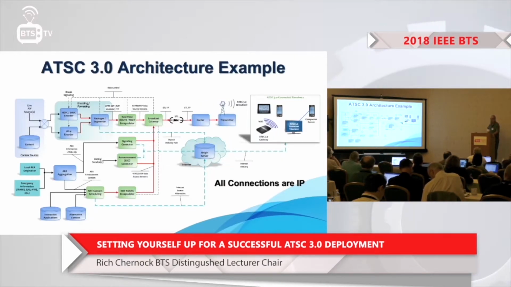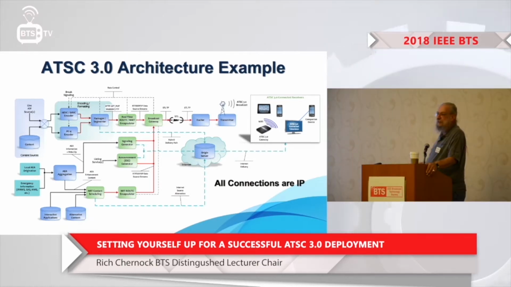So here's an example of an ATSC 3.0 system. Even with this new projector, I'm pretty sure most of you can't read it. I think these things will be available later. I'll be going through bits and pieces. But with a few exceptions, most of this is what you're used to.